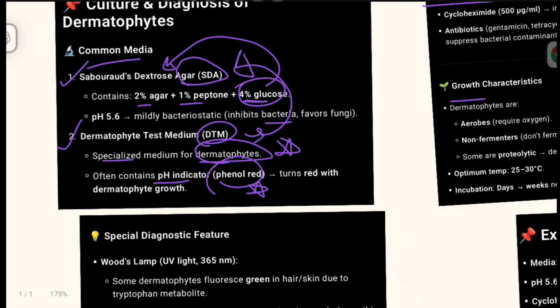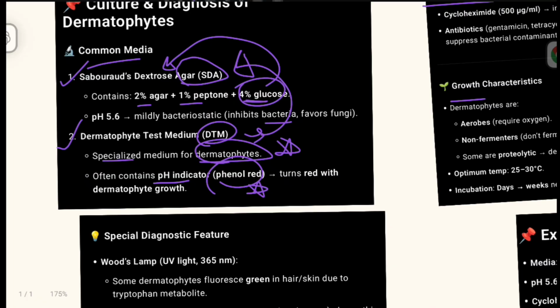Whenever the medium contains phenol red, with the growth of dermatophyte the medium will turn red, indicating that the culture contains the dermatophyte fungus. To elaborate, the DTM is an acidic medium in which the dermatophytes grow, initially yellowish in color, and it contains the pH indicator phenol red.